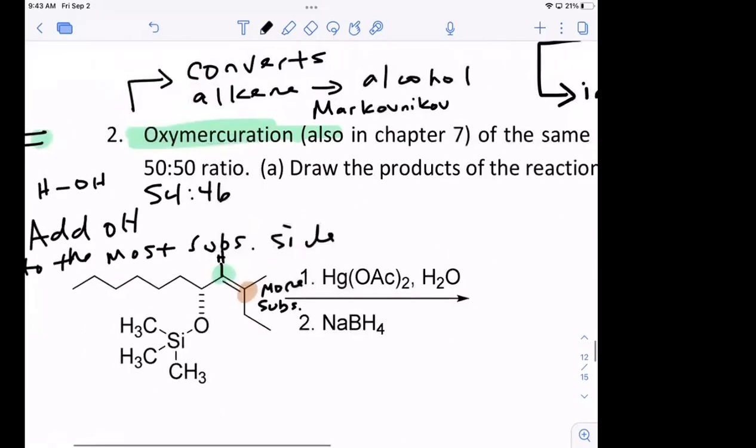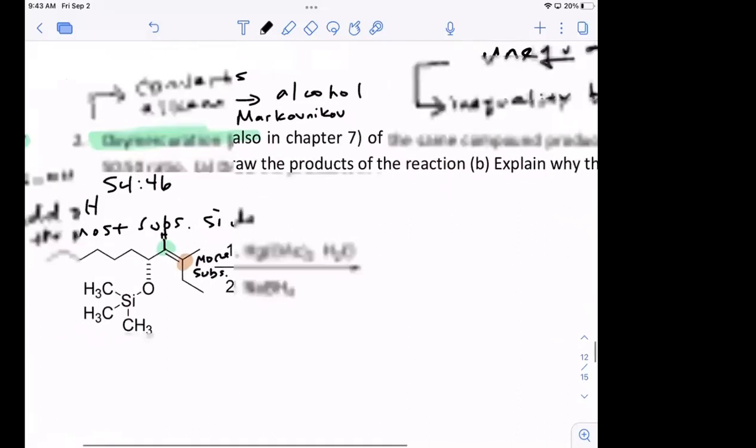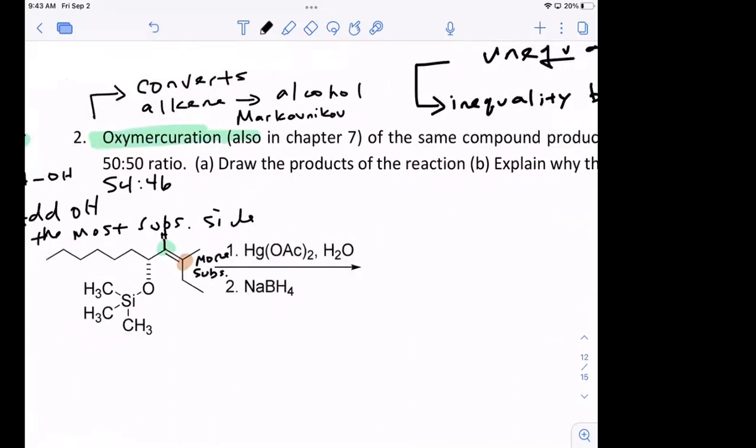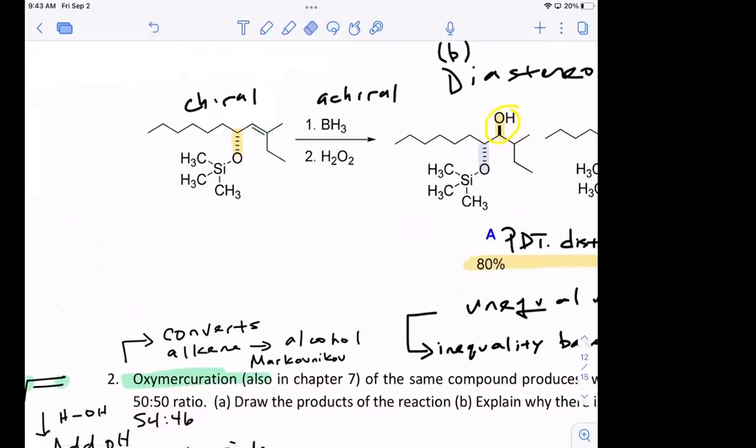All right. So for oxymercuration, where's the OH going and where's the H going on the alkene? That's the only thing that's reacting. The right side is going to have the OH. Okay, let me see if I can copy it from up here.